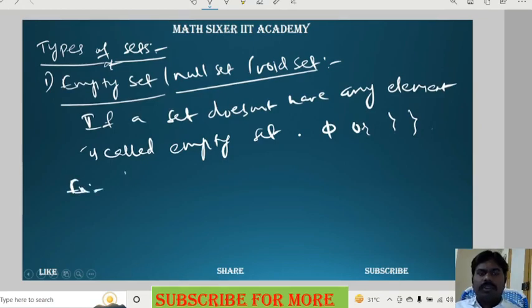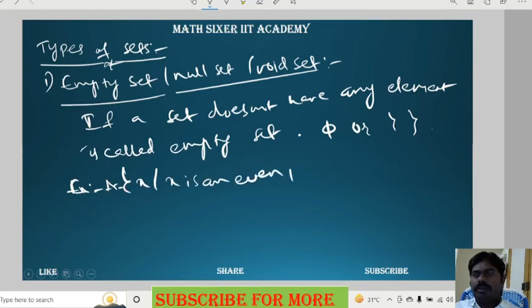We'll see one example. Suppose I am taking one set, and of course I am writing it in set builder form. Here I am giving x is a variable such that x is an even prime number greater than 2.